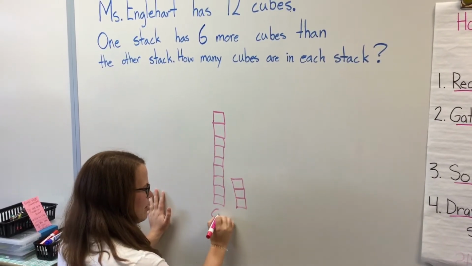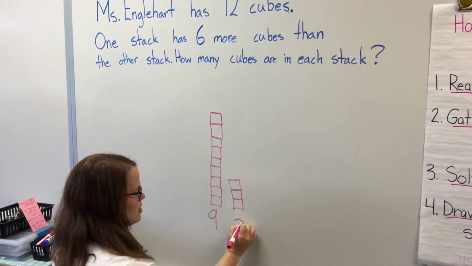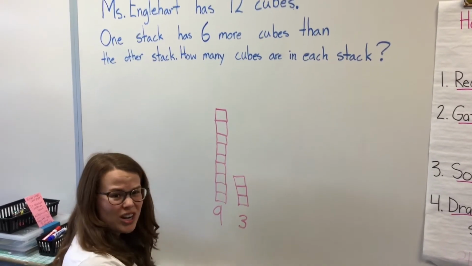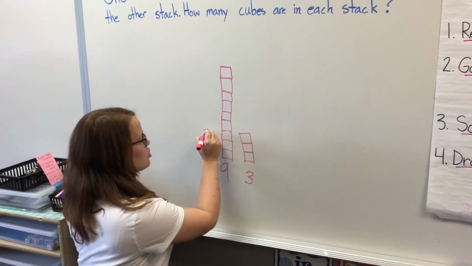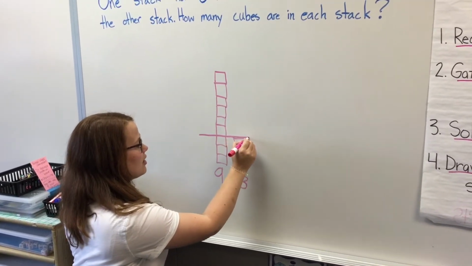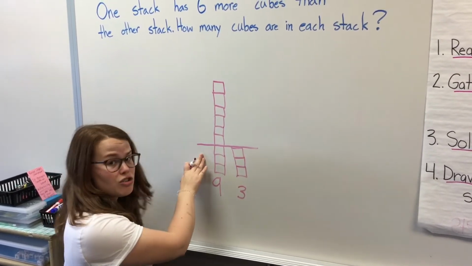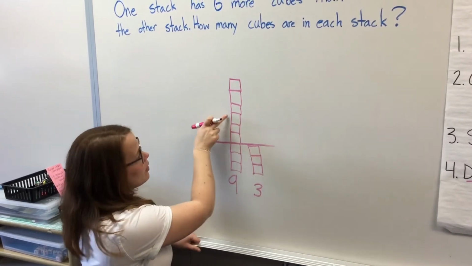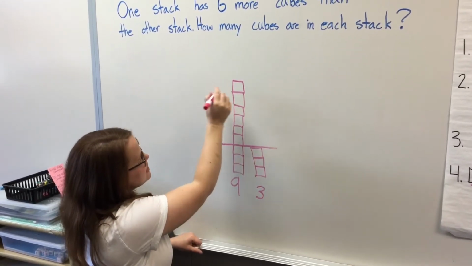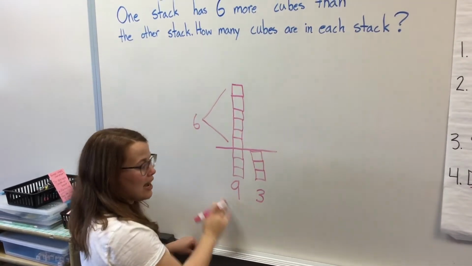And I might label them just to make it really clear, this had 9 cubes, this had 3, or Legos or dry crackers, whatever you're using. And it might be easy for you to show the difference by drawing a line where the smallest tower meets the larger stack, to see that there's 1, 2, 3, 4, 5, 6 more in this stack than this stack.